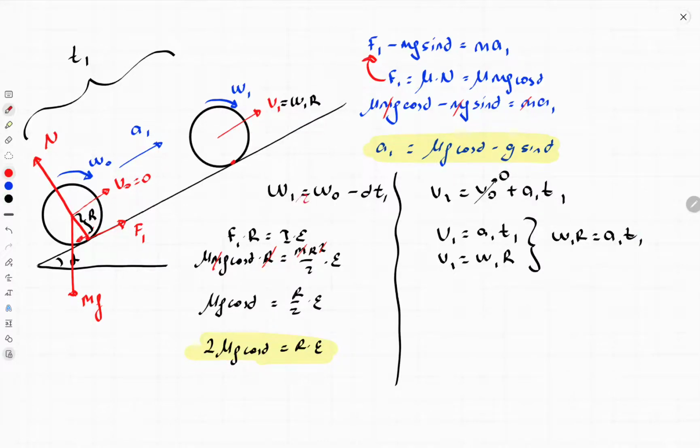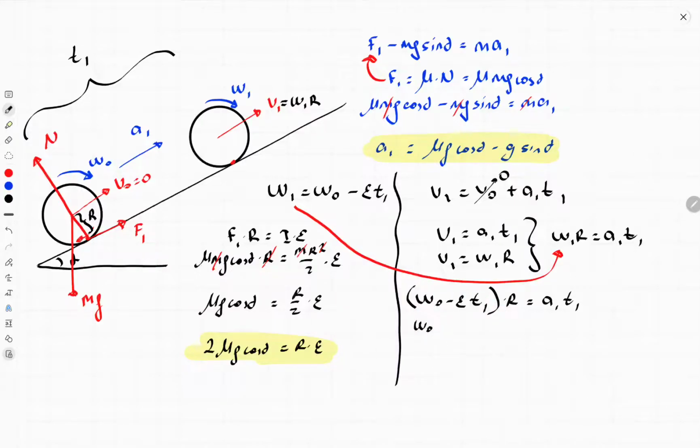So let me take omega 1 from this equation and bring it into this equation. So omega 0 minus, this is angular acceleration, which is epsilon, times t1. This is omega 1 times radius equal to a1 t1. Let me open this parenthesis.